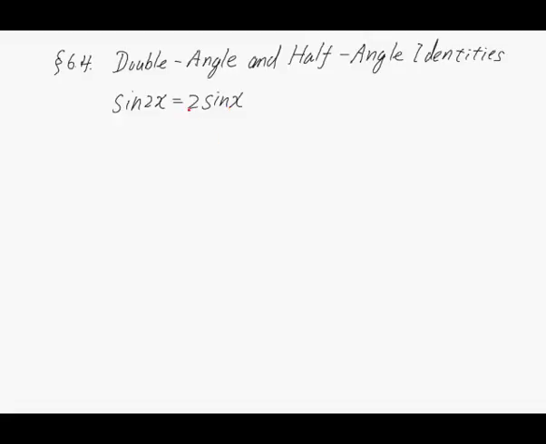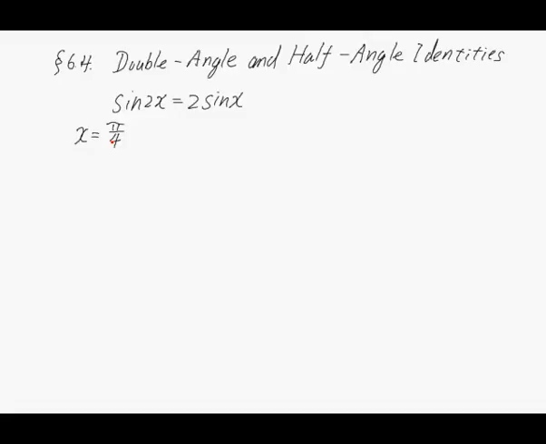It would be nice if we could factor out this 2 and move it outside the sine function, then we get 2 times sine x. Let's look at one value of x to see if this can hold for any real number x. Let's just take x to be pi over 4.